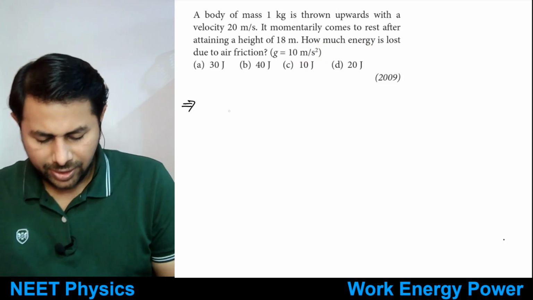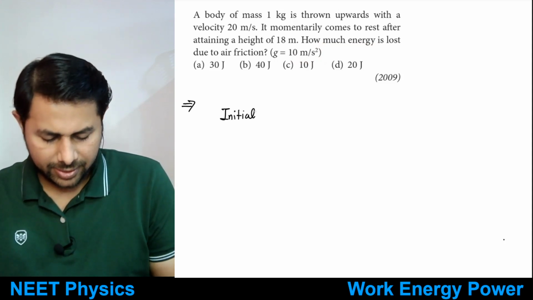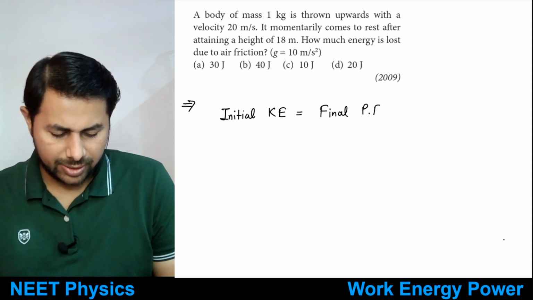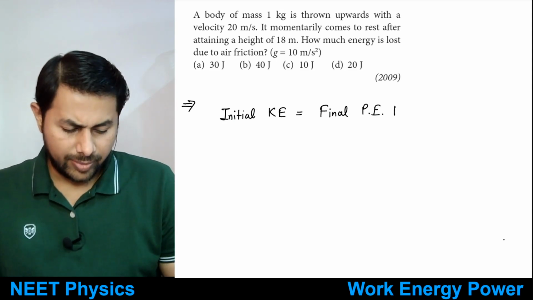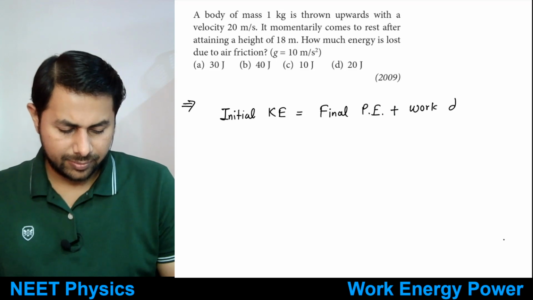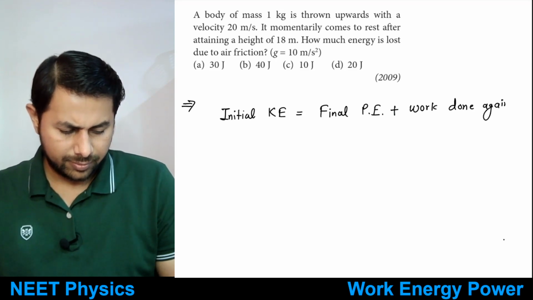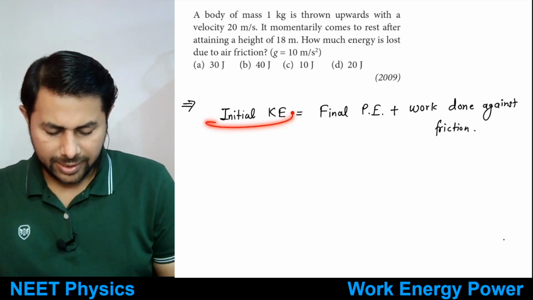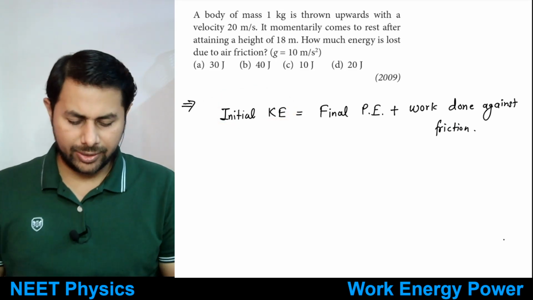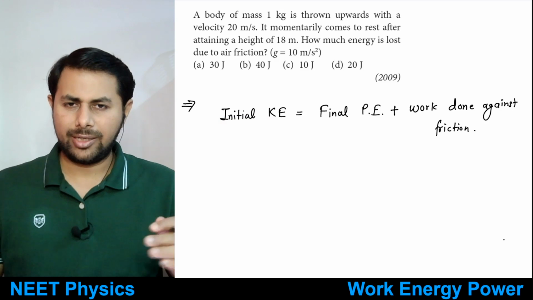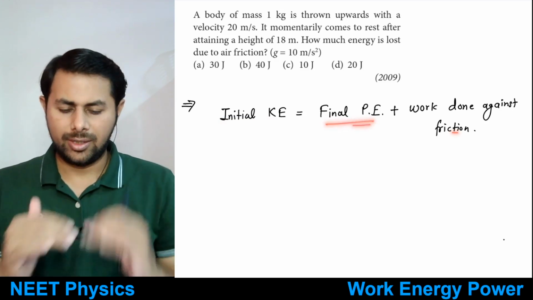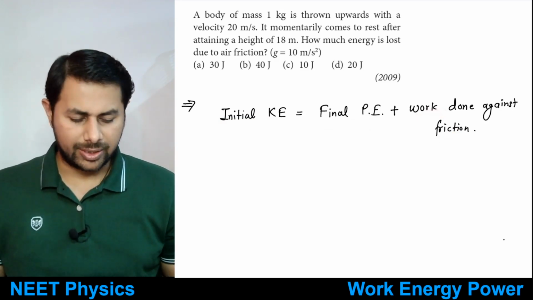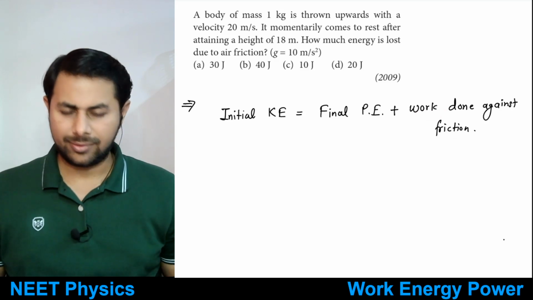So initial kinetic energy is equal to final potential energy, because it's going to some height, plus work done against friction. Total energy that it had was the initial kinetic energy, and it is being utilized in two ways: one is attaining some potential energy and one is doing some work against the friction.